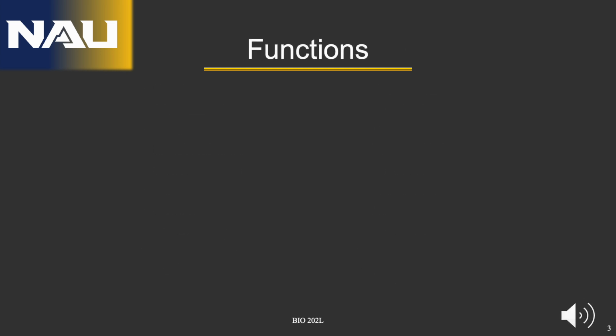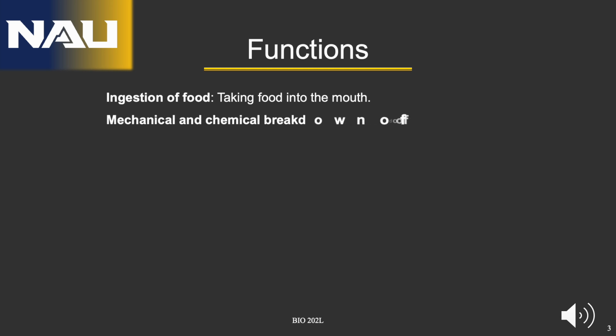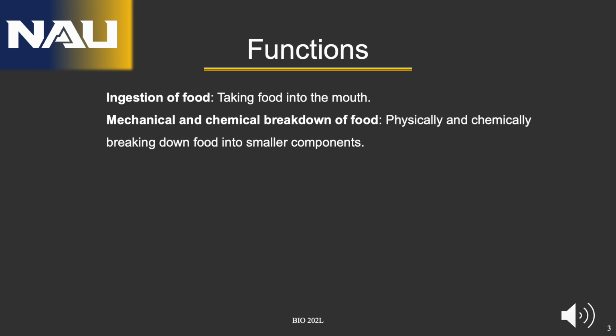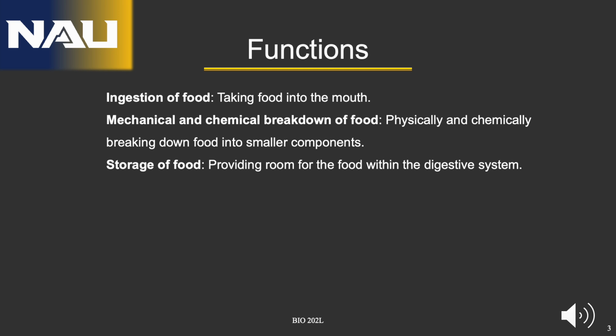Let's introduce the functions of the digestive system. First, we have our favorite, ingestion of food. This involves taking food into the mouth. The food then undergoes chemical and mechanical breakdown, where it is physically and chemically broken down into smaller components. The next function is storage of food. So our whole digestive system provides an area for our food to rest while we digest it.